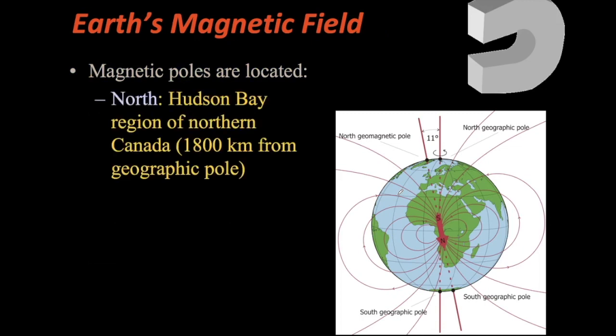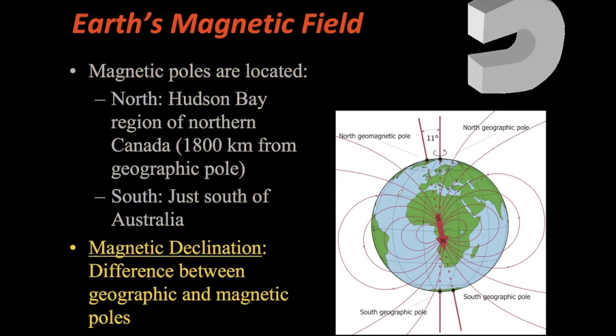The magnetic poles are located, so the north is in the Hudson Bay region of northern Canada, up here, and the south is just a little bit south from Australia. What they mean is that this side is going to be your south and this side is going to be your north.